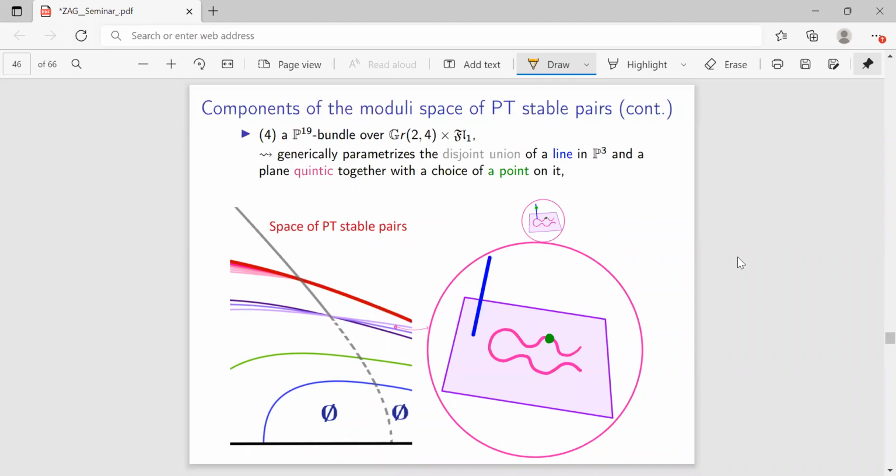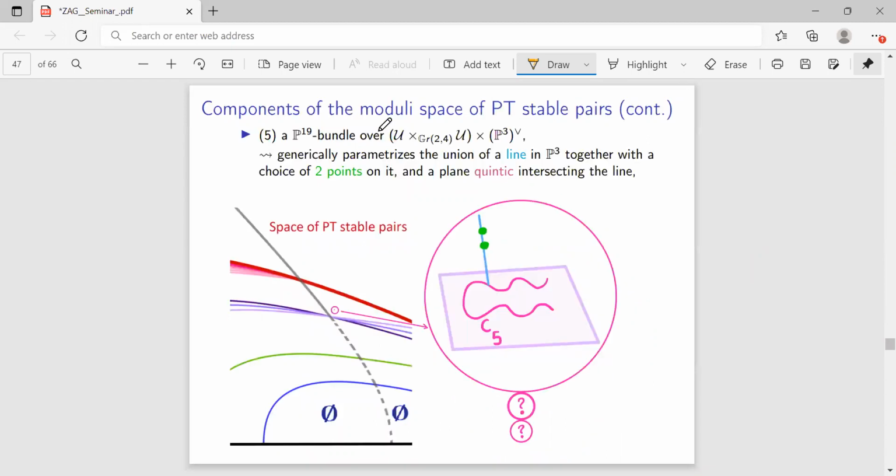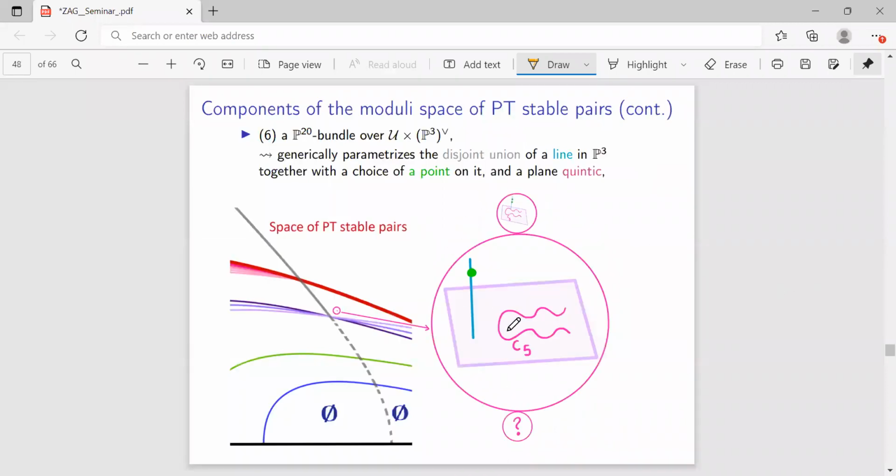Okay, and the next wall gives you three new irreducible components. The first component is a P19 bundle over this, which generically parameterizes this. Again, you have a quintic, a line and two marked points on the line. The next component is very similar, except that we have this disjoint union and one point less.